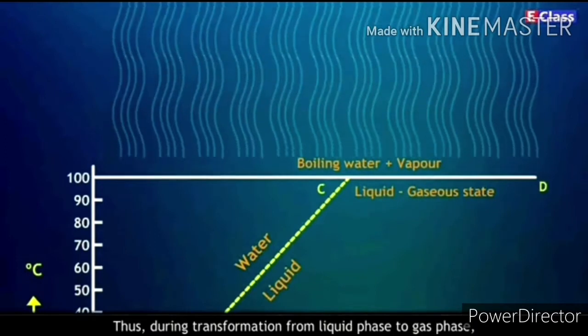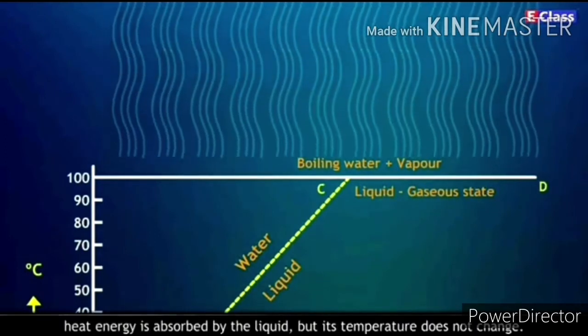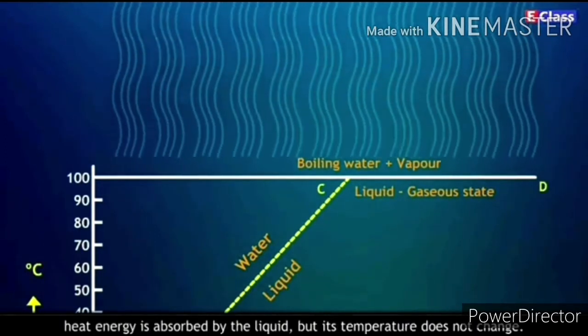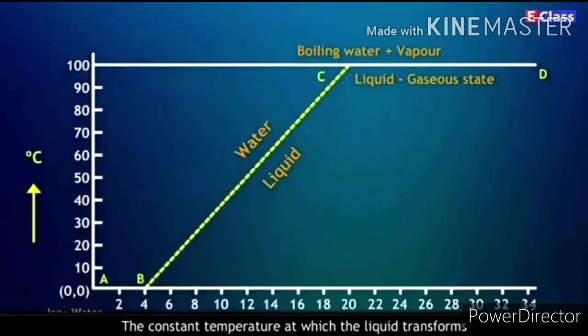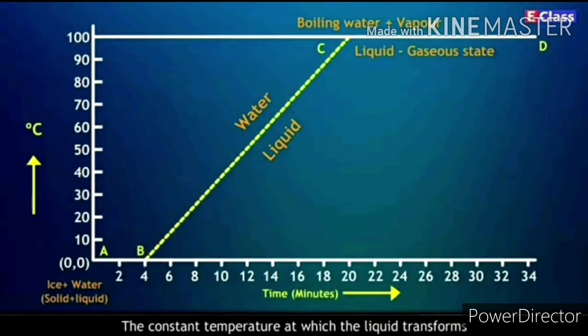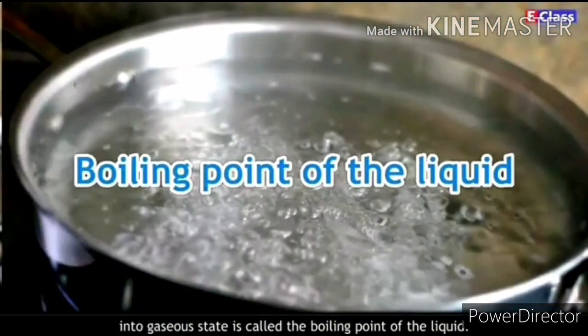Thus, during transformation from liquid phase to gas phase, heat energy is absorbed by the liquid, but its temperature does not change. This constant temperature at which the liquid transforms into gaseous state is called the boiling point of the liquid.